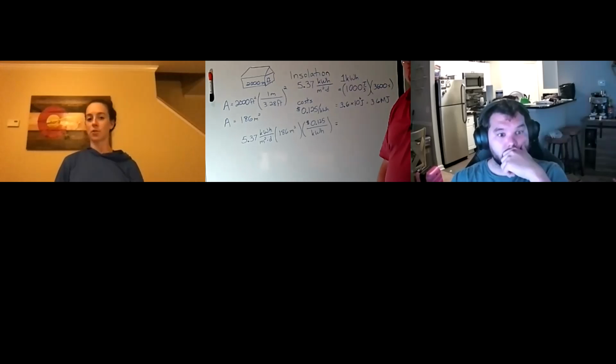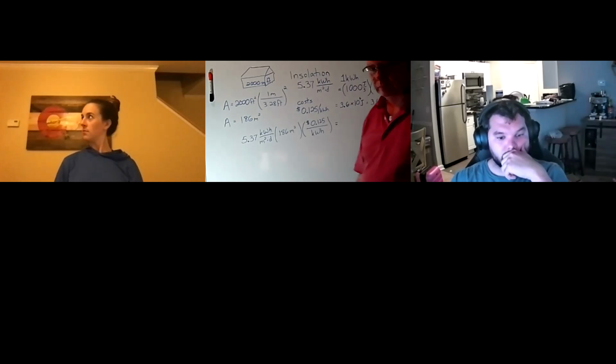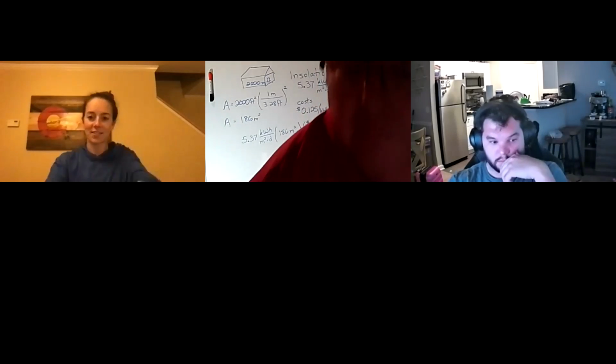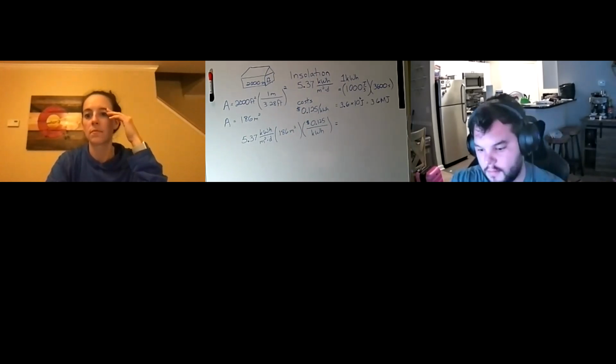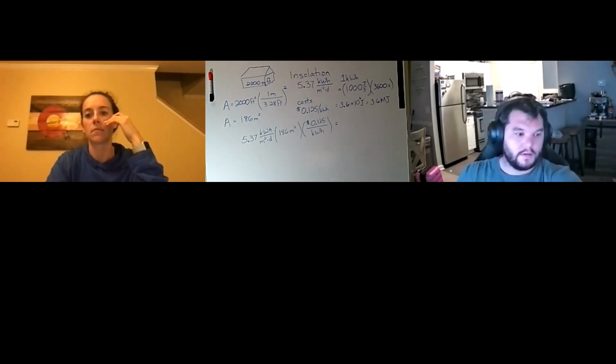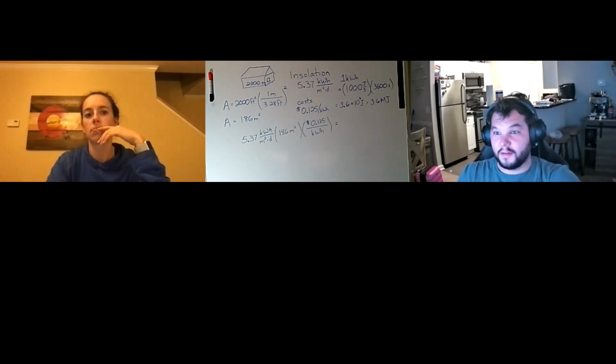Let's see what you get. This is per day. Nothing fancy, just straight out multiplying them out. I don't know what I did, but I was way off. Why?